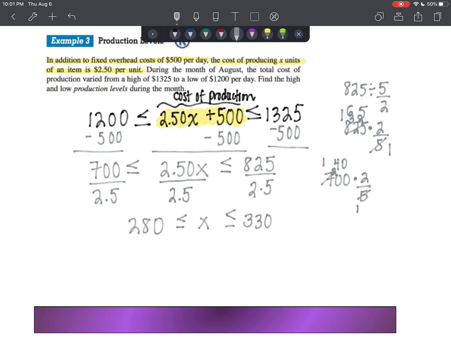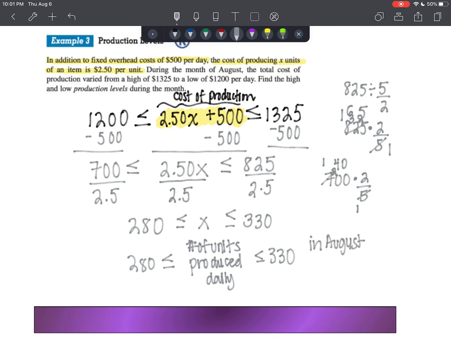Now what did X stand for? X was the number of units produced daily. So the number of units produced daily varied from 280 to 330.